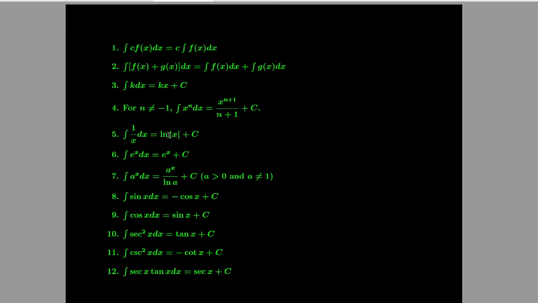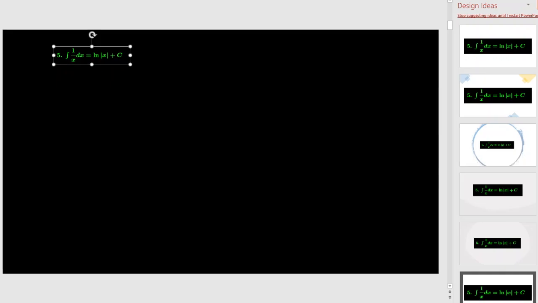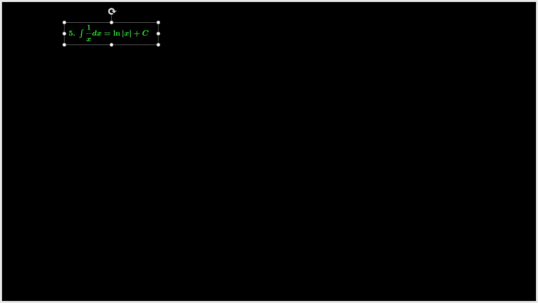So do not forget there's an absolute value of x in here. So maybe I can tell you why, very quickly. I'm going to tell you why there's an absolute value sign involved in here.